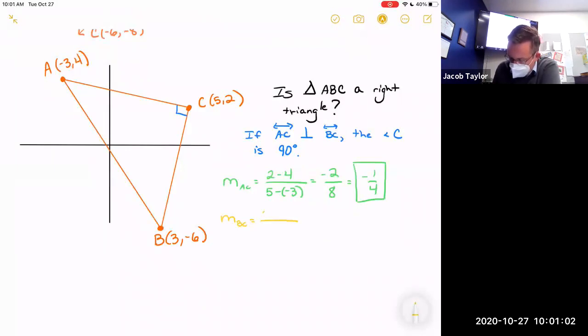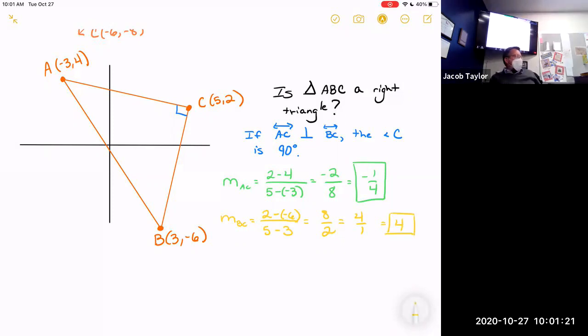It's y2 minus y1 over x2 minus x1, which reduces to 4 over 1, or just 4. Which is the opposite reciprocal. Hey, they are opposite reciprocals, which means they are perpendicular lines, which means this is a right triangle.